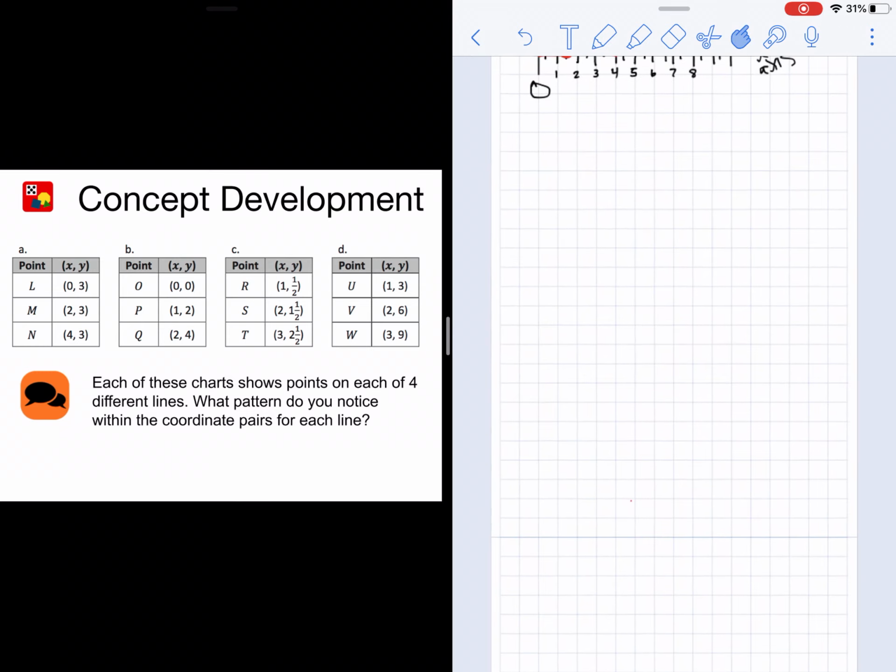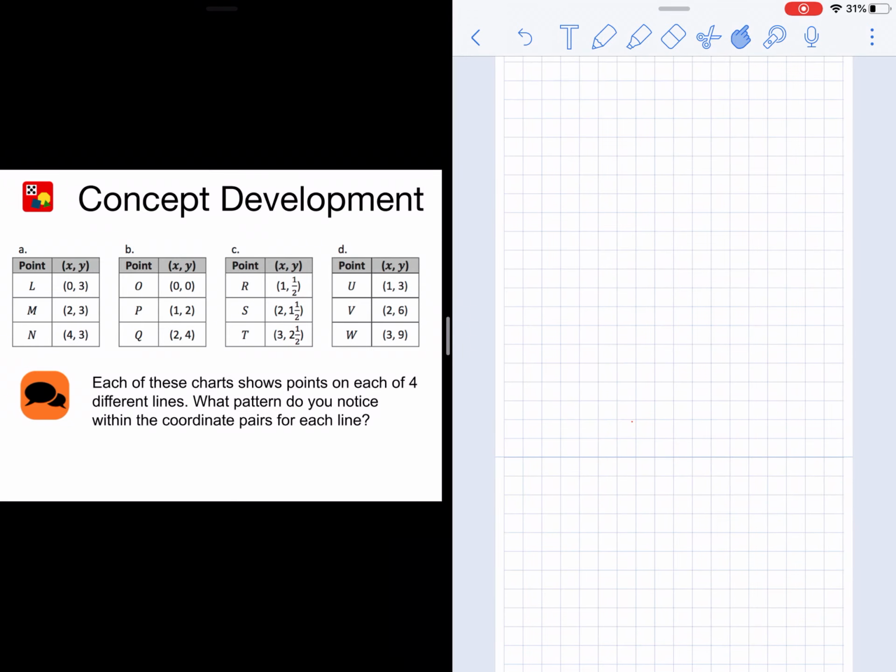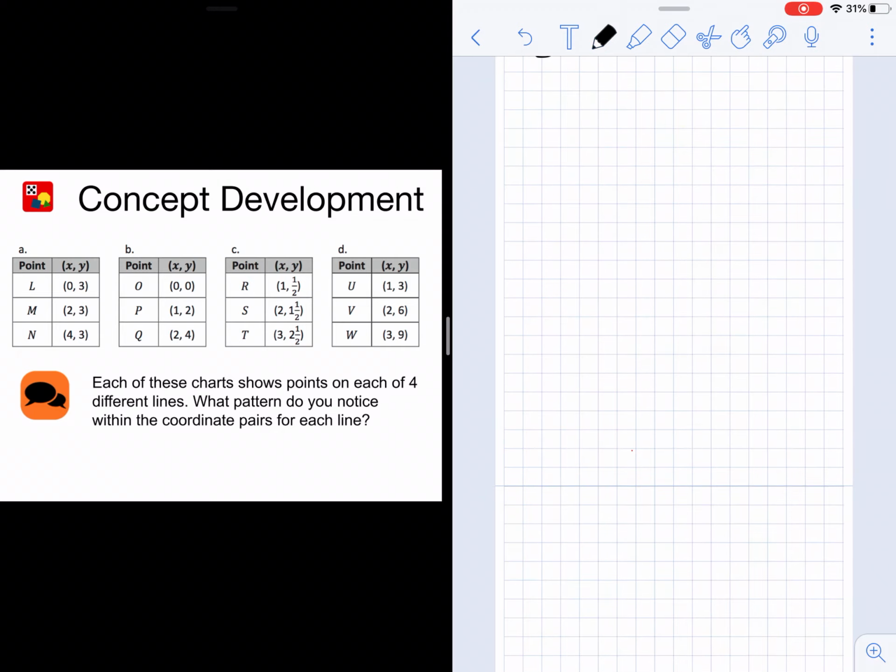Okay, so here we are, and I want you to graph a coordinate plane, and you're going to label it in halves.